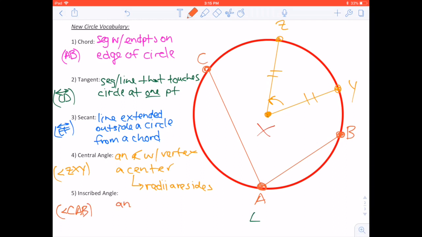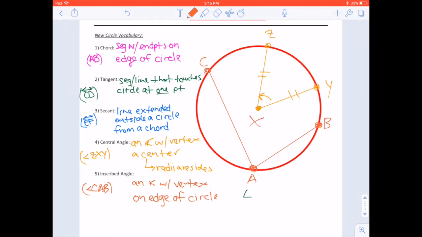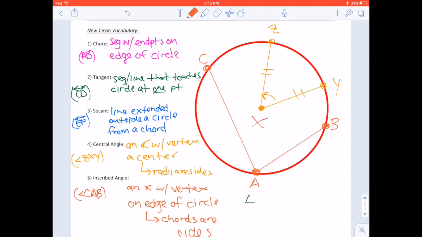and this is an angle with the vertex on the edge of the circle. And just really quick, off to the side, I'll say chords are the sides. Okay, now we know chords don't have to be congruent here.